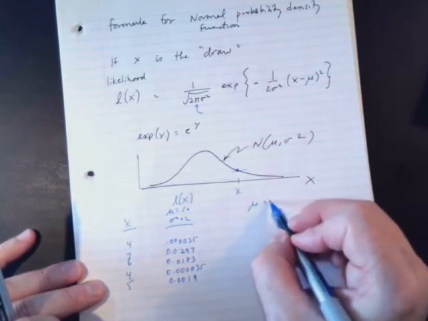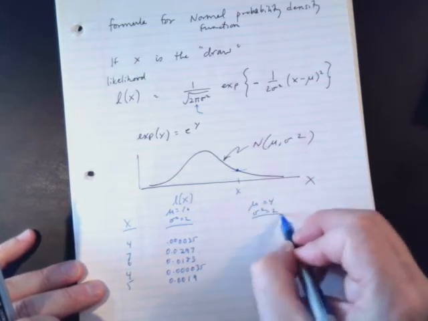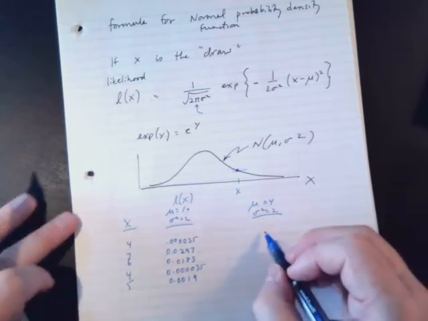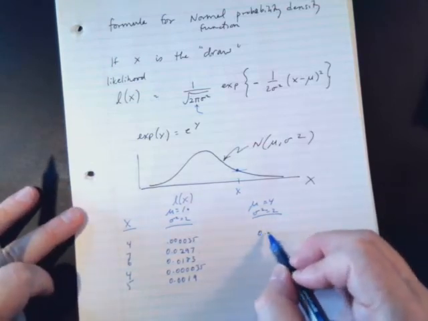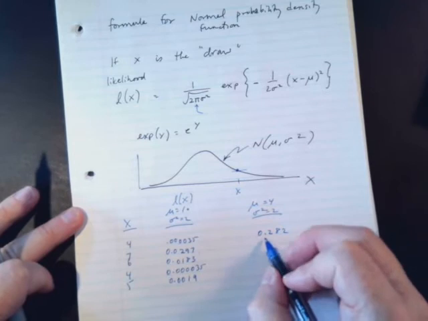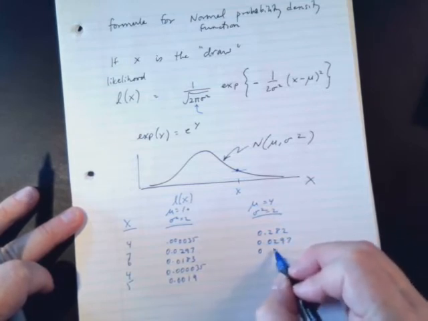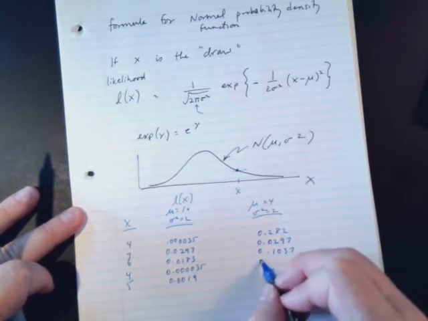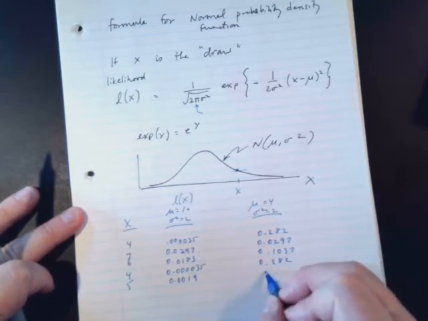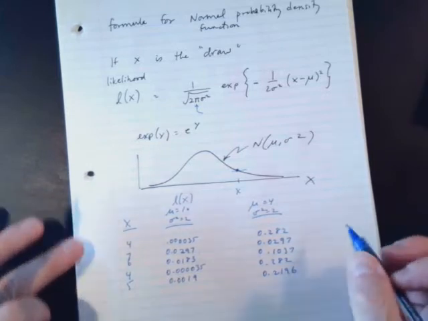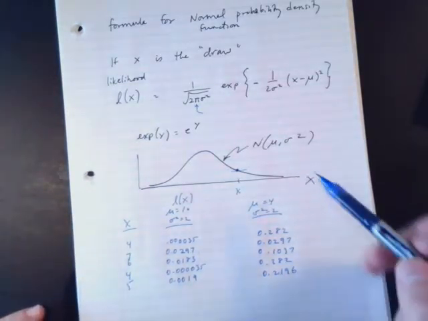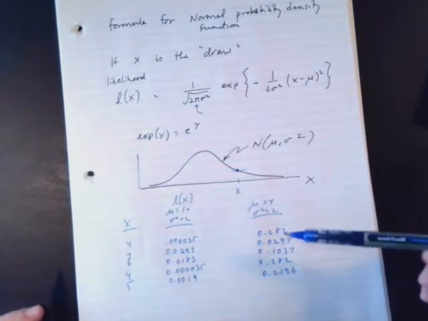If I use mu equals 4 and sigma squared equals 2, then the likelihood values are much higher. So 0.282, 0.0297, 0.1037, 0.282, and 0.2196. All right, and how did I get these?